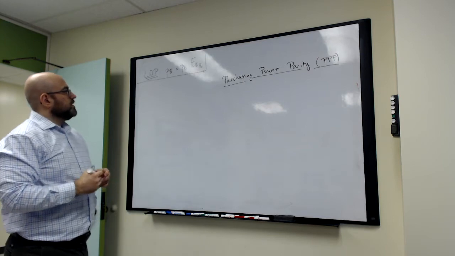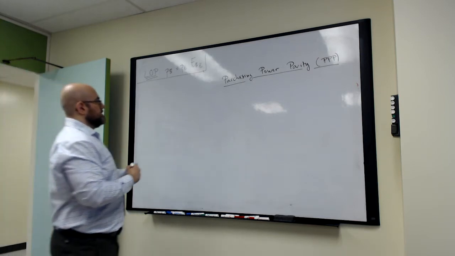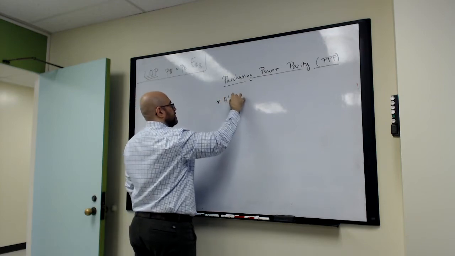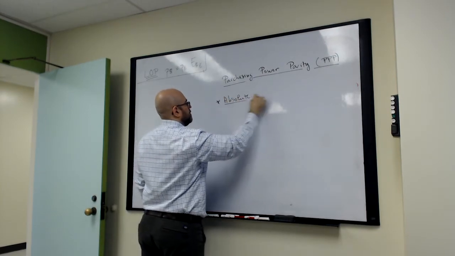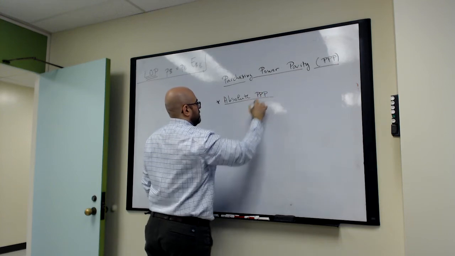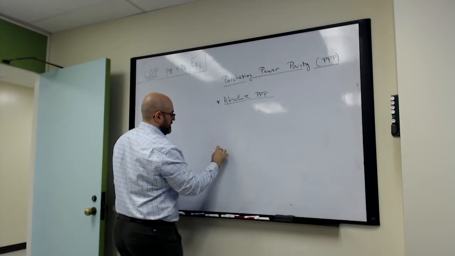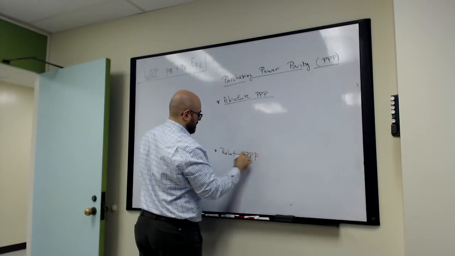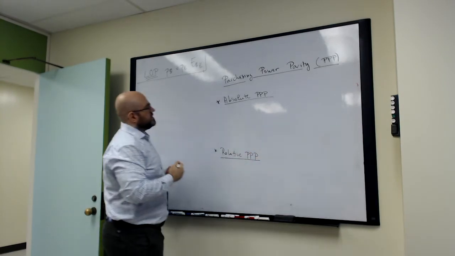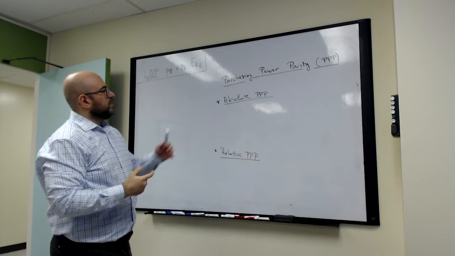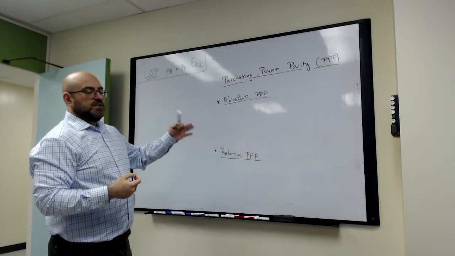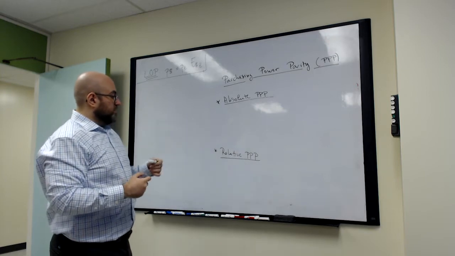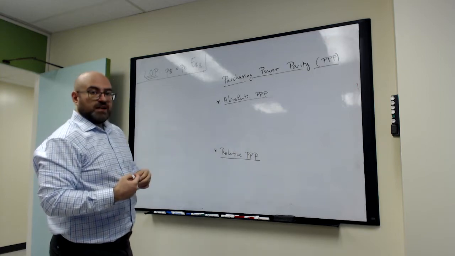So it's going to come in two flavors. We're going to have absolute PPP and then we will have relative PPP. For our purposes, we will need to know both, but in different stages of the derivation of our main diagram, we will rely on one or the other.